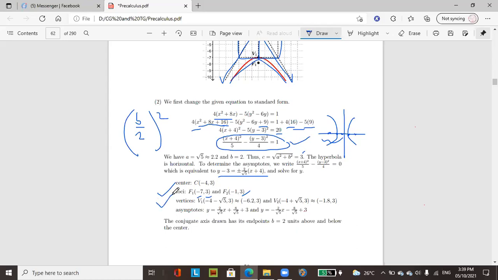Thus, mao na siya ang coordinates sa ato ang foci. Now, for the vertices, diri ra gyapon ta ni negative 4. Minusan na to og square root of 5 sa V1 and ada na to og square root of 5 sa V2. So, mao na siya itong mga vertices. Now, this time, pag solve na po nato ni asymptotes, sa y1, ang kanisa nga asymptote diri sa positive.